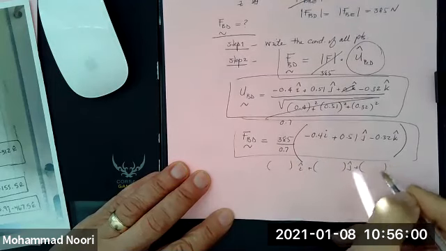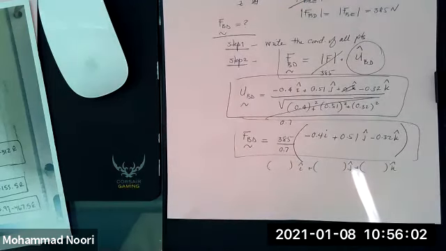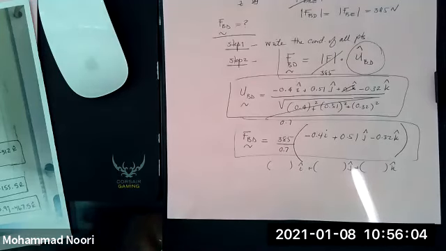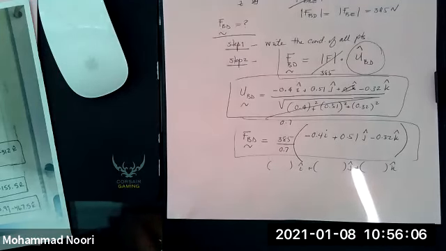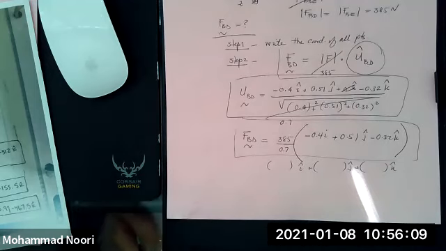But that's how you find the vector equation for a force when 2 points along the direction of that force are given. Any questions?